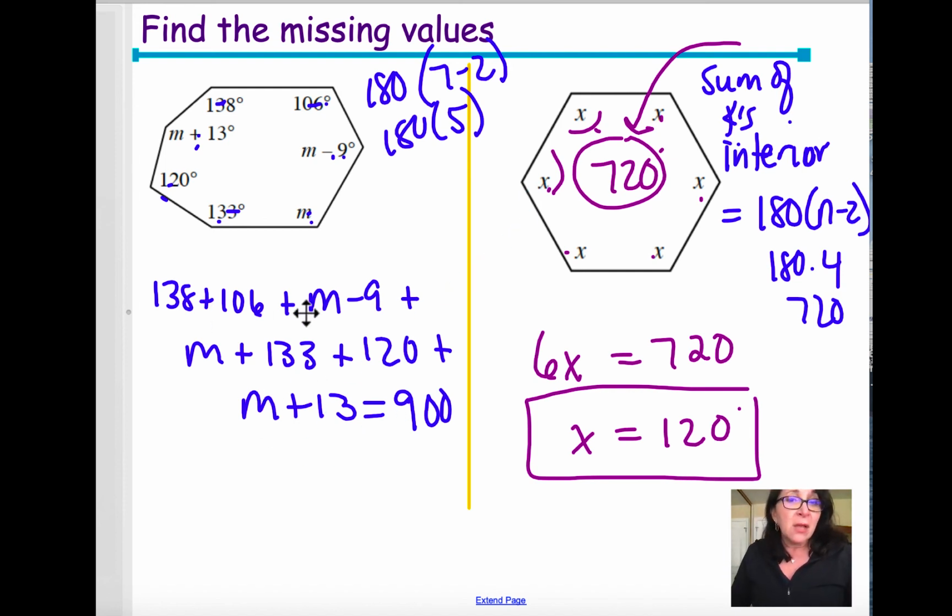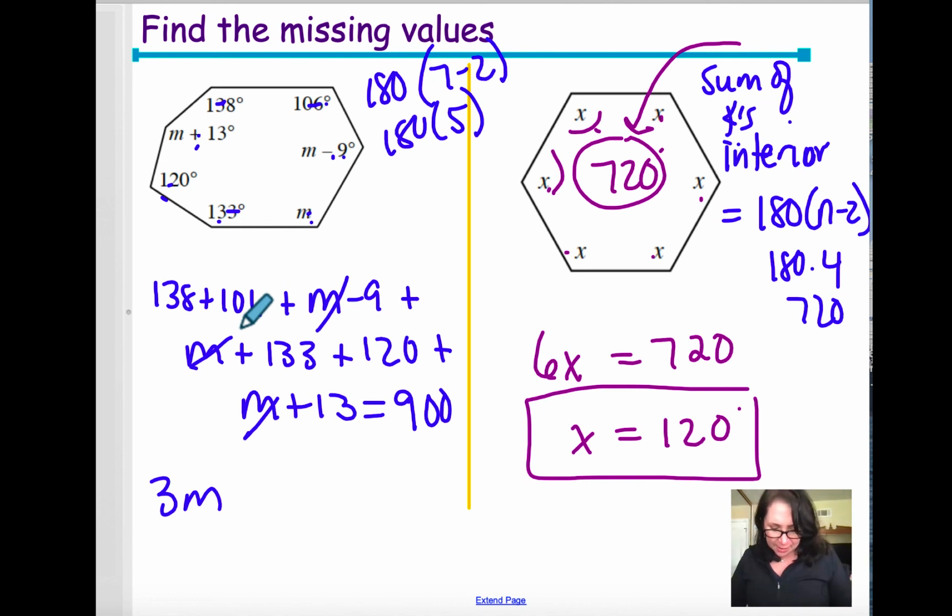So to find m, how many m's do we have? We have 1, 2, 3 m's. We have 138 plus 106 plus 133 plus 120 plus 13 is 510.